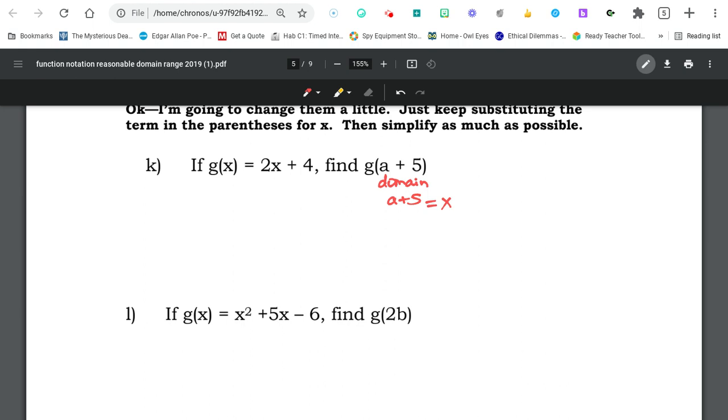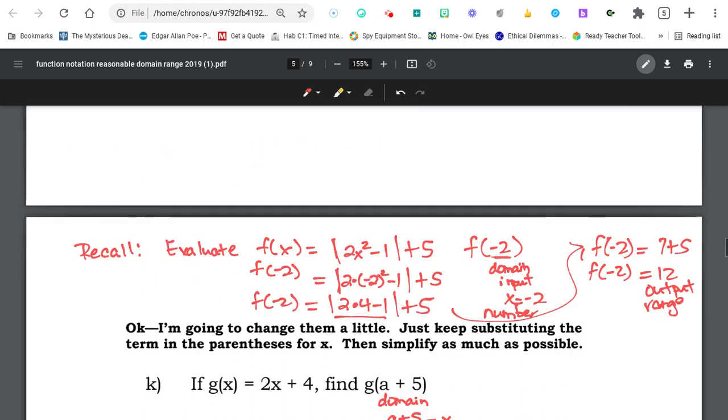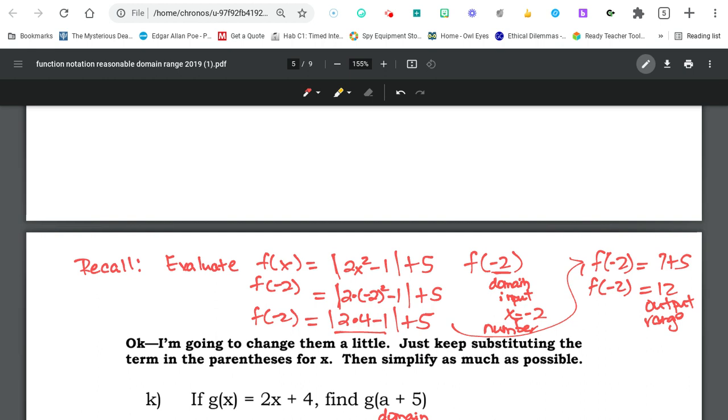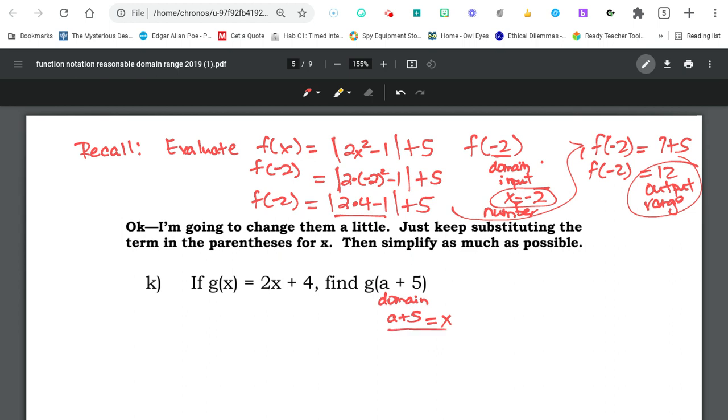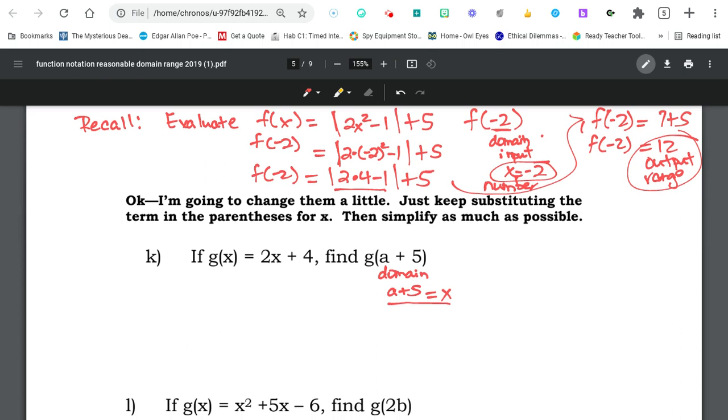So when your domain is an algebraic expression, your range or your output will also be some algebraic expression. When your domain is a number, your output will be a number. Like here, my domain was the number negative 2, and my output was the number 12. Here, my domain is some algebraic expression, a plus 5, so my output will be some algebraic expression.